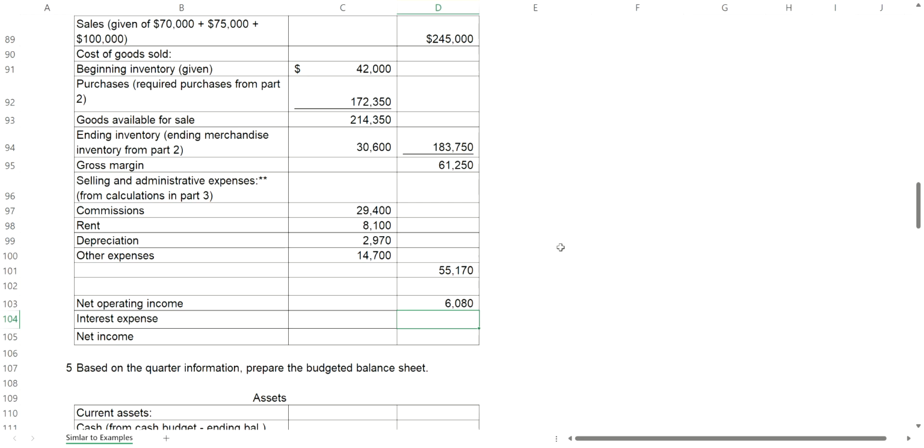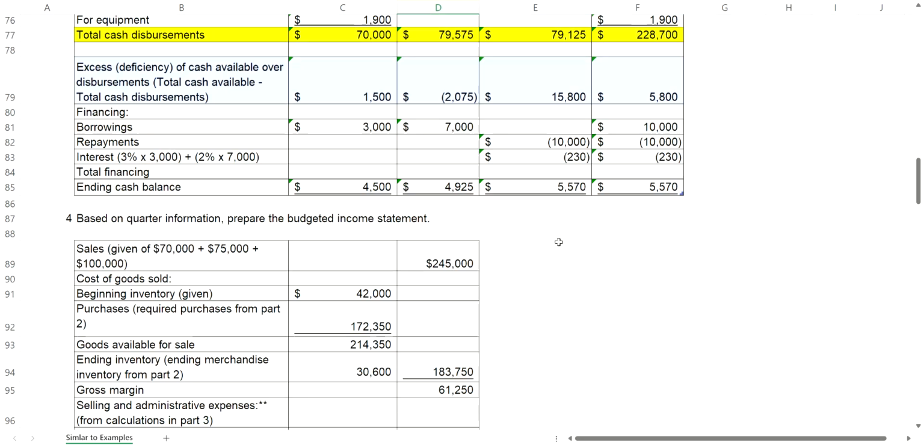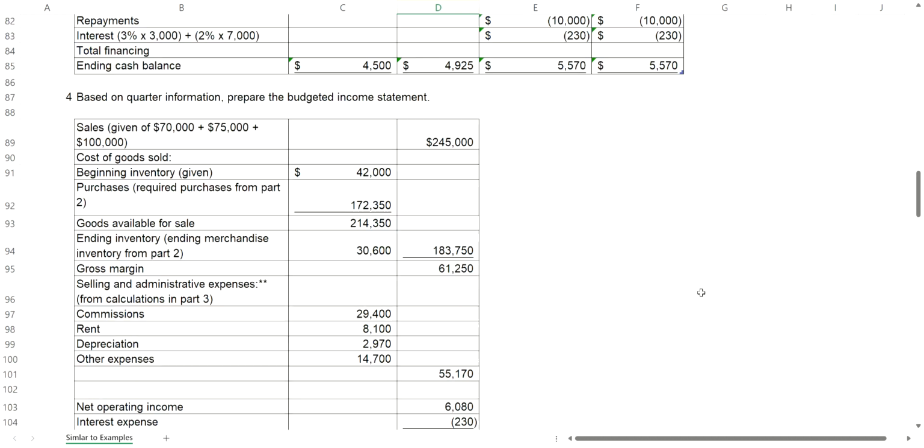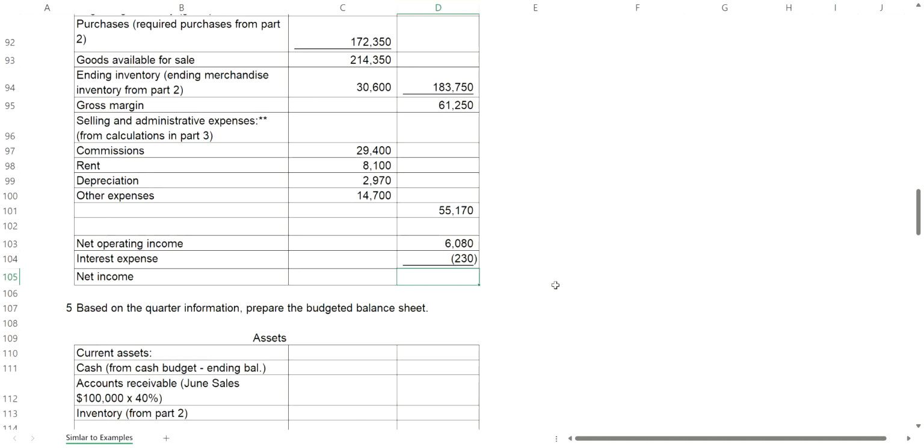Now, remember when I did the cash budget? I had interest expense of $230, so I will bring that down. Okay, that is subtracted out, but I will subtract, and that gives me a net income of $5,850.